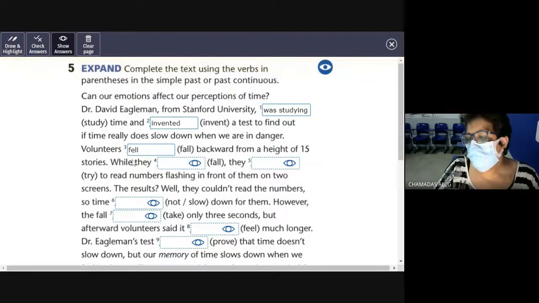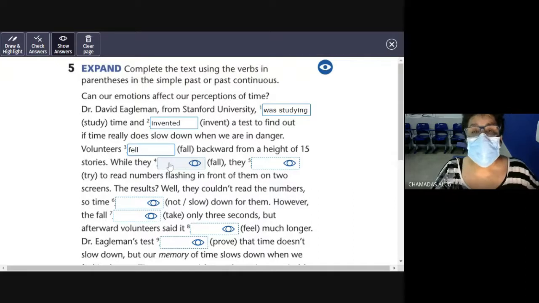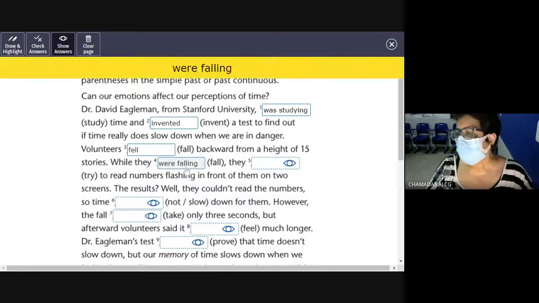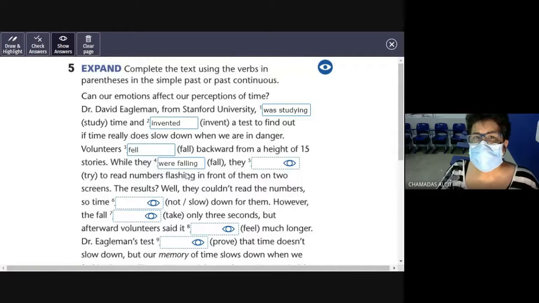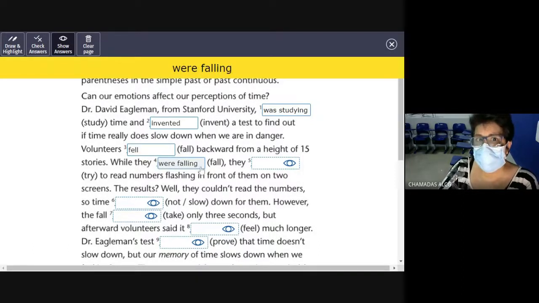So, enquanto eles. So here you have to use the past continuous. Okay? All right? So while they were falling, all right, people? Enquanto eles estavam caindo, ok?